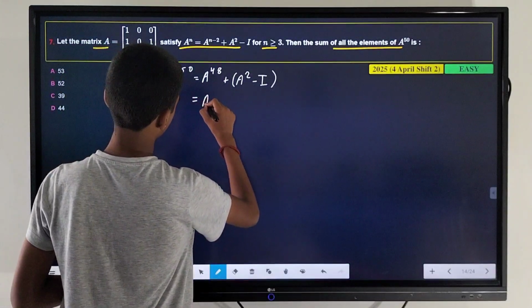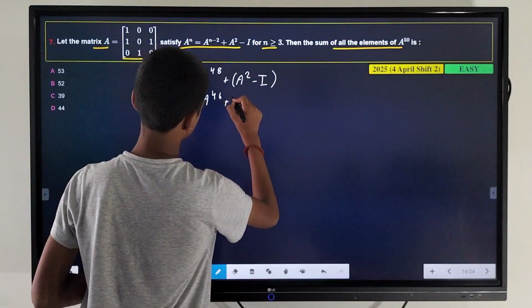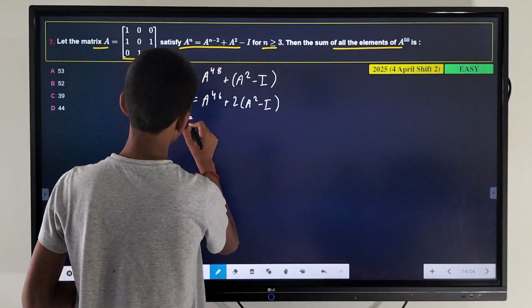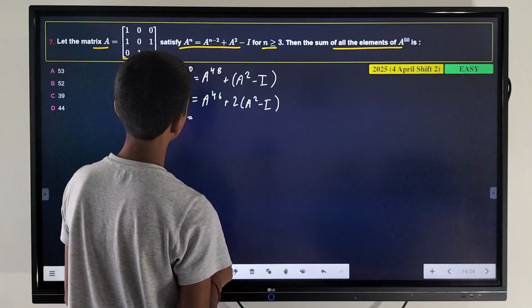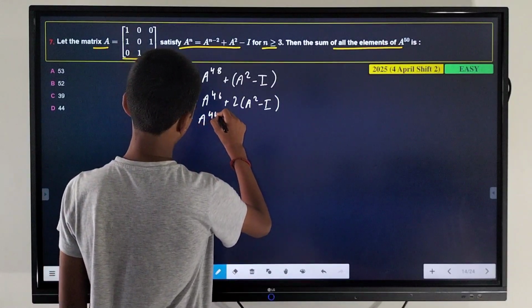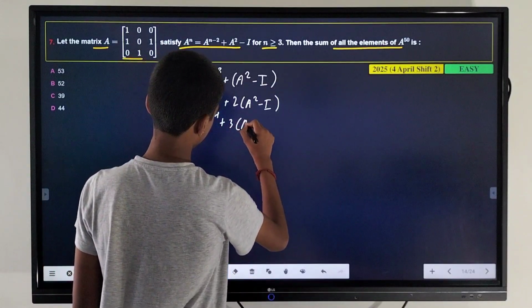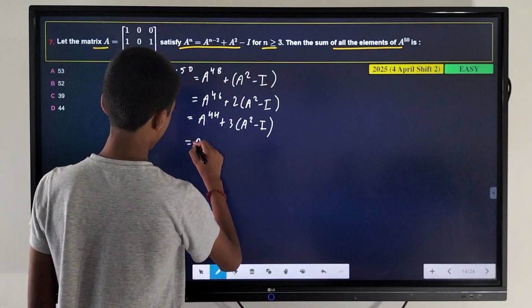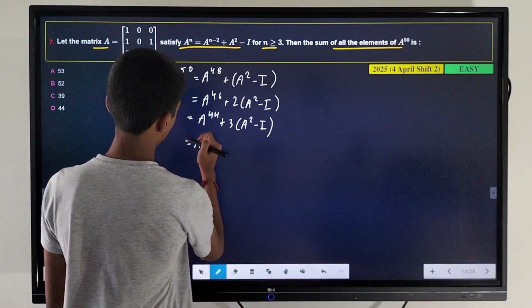This is equal to A46 plus 2 times A square minus I. And again we will substitute A46. We will get A44 plus 3 times A square minus I. So this is equal to A square, and so on.